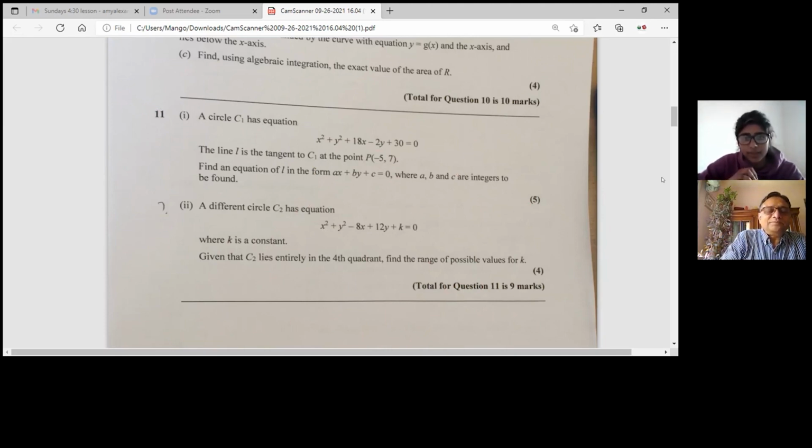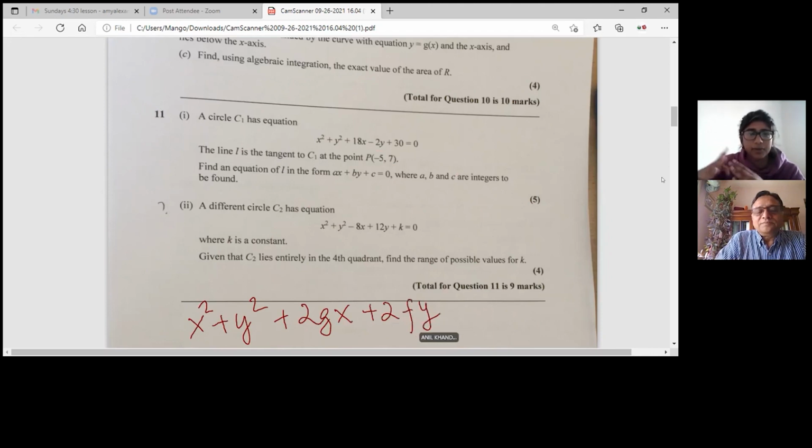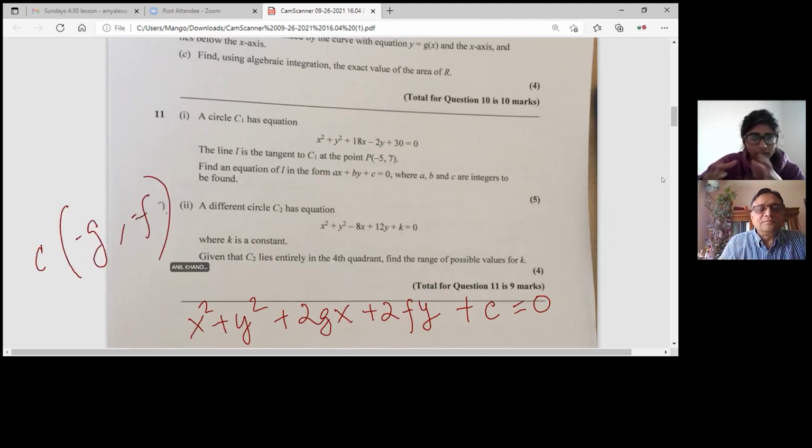And then I think the main thing about that question was also sketching a diagram, to see that the tangent is the negative reciprocal of the other gradient that you found with the radius, and plotting a rough sketch of the point -5 and 7 in line with the center point of the circle. Then from there, you want to get it into the form that they've given in the question. Don't just do y equals mx plus c. So it's important.